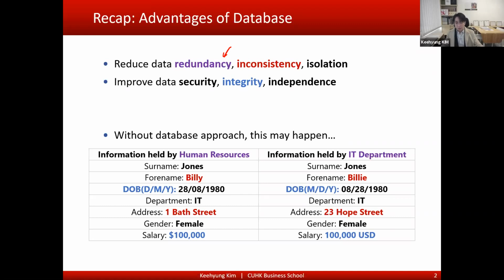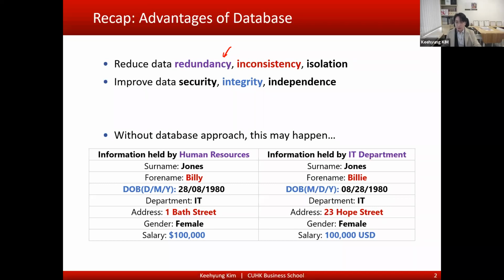If you use the database approach, there will be a centralized database system, so all of your data will be stored there, and there will be no redundant or duplicate information. However, if you simply store all your data in a text file or Excel file, then what happens is this.